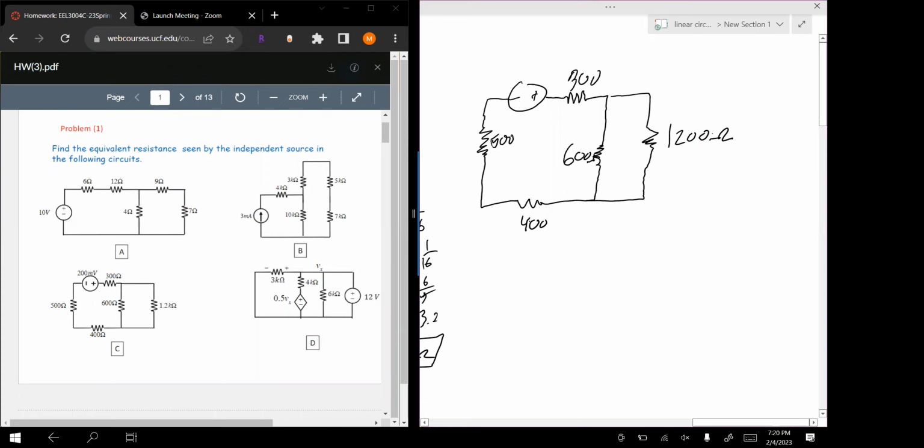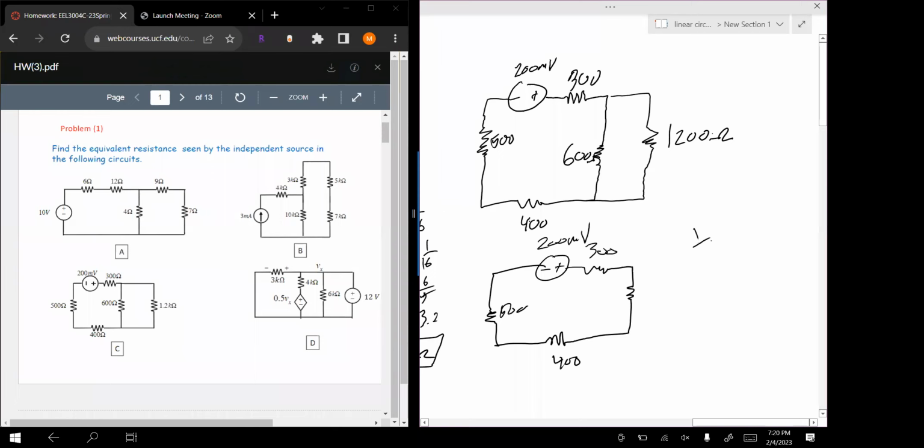So we have 200 millivolts. Here's what I'm currently thinking. I didn't get a good look at the spoiler for how to do this question. So I see 500, I see 400. We're still going to solve for that. So it's going to be 300, 200 millivolts.